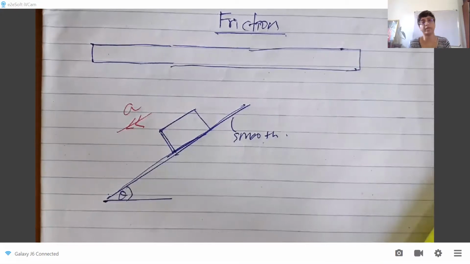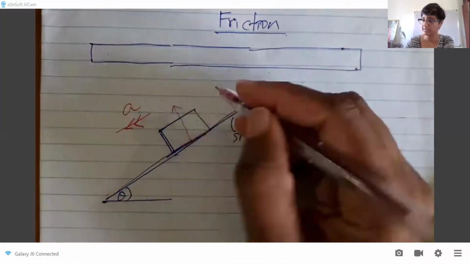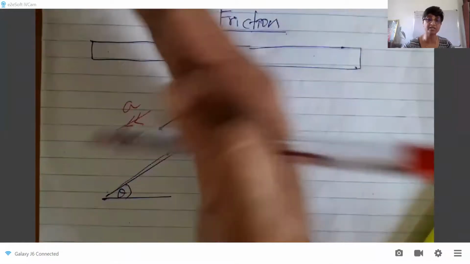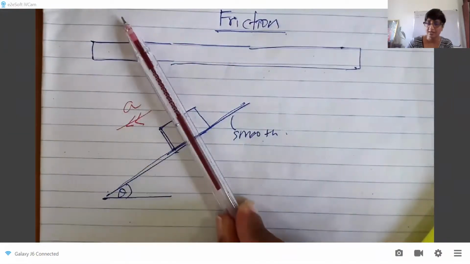So Mihail said wait. I said very good response, but make it precise. Hatvi says normal. You mean normal reaction? Normal reaction is this way. It is perpendicular to the direction of the motion. This normal reaction has no effect on the motion. It's moving this way.